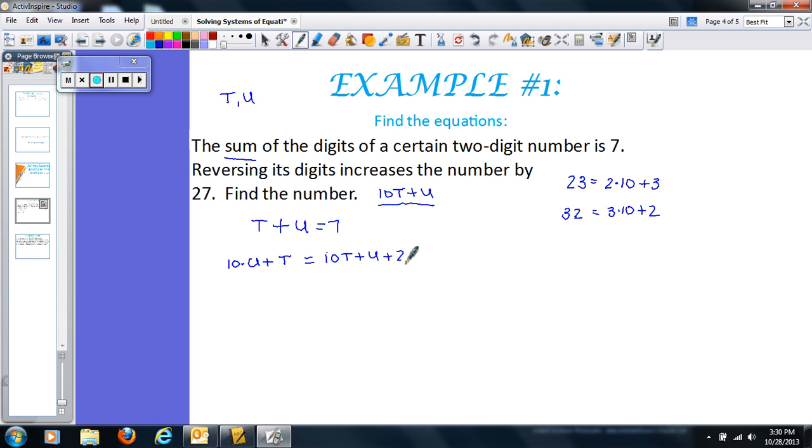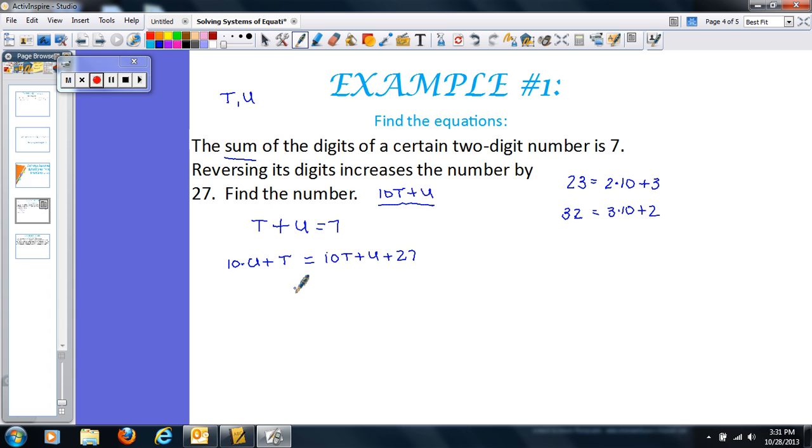So 10u plus t is 27 more than the original number. Here would be my two equations that I have to work with. This is my system. Now we have some work to do from here, but these are the two equations we're starting with, and we will work more with them tomorrow.